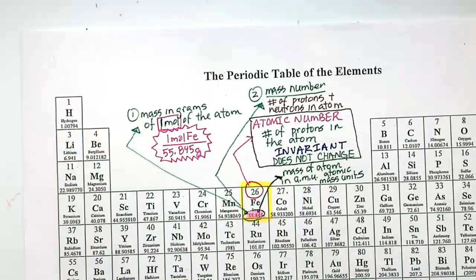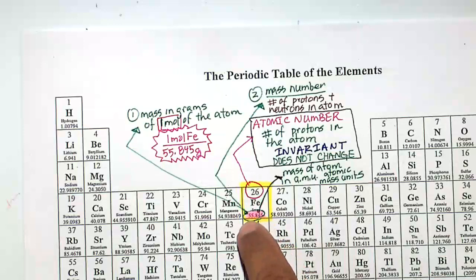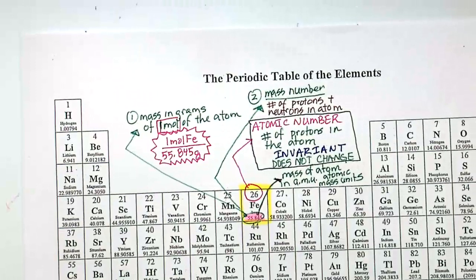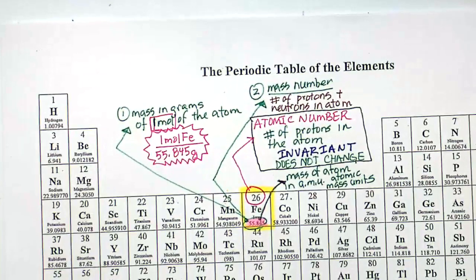How many protons and neutrons are in iron? I think I have 4 minutes. Oh, it's 10:45, right? How many protons and neutrons are in the iron atom? 55.845. The 26 you said was the number of protons.